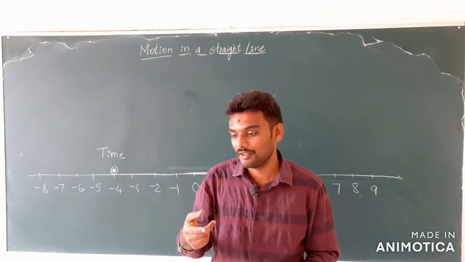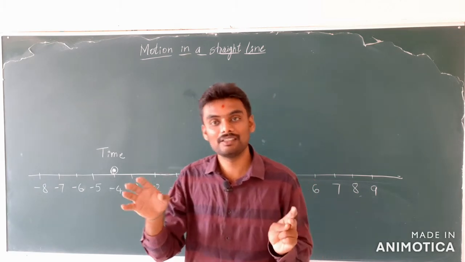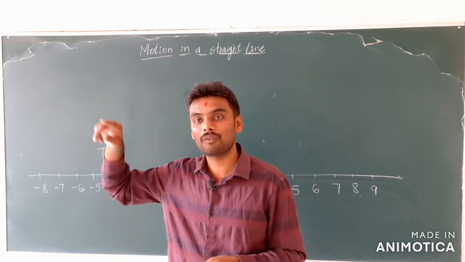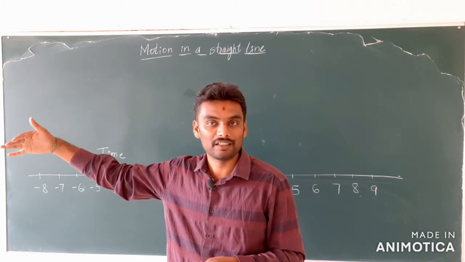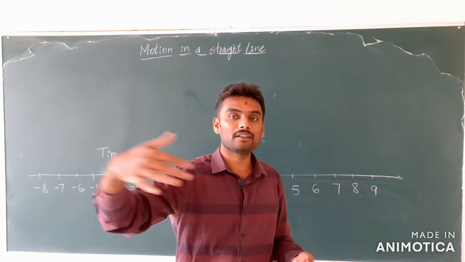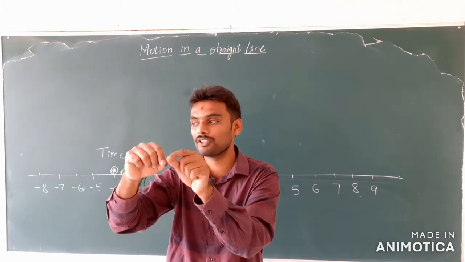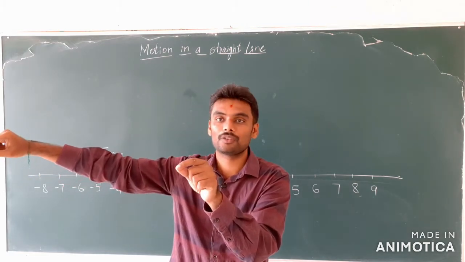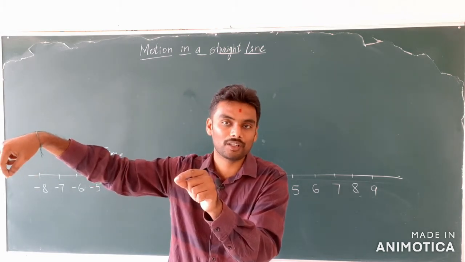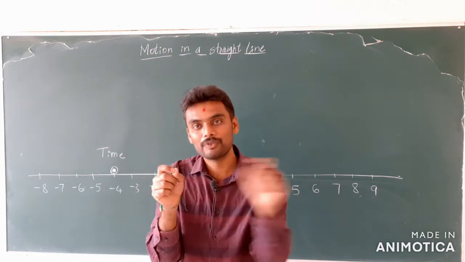But if I say initially the car was moving, then that is wrong, because initially the car was in rest in the home, and it just began its motion from the home and came to this position. But we started observing the car from this position. Before this position, we did not know what was the status of the car, how it was going, what happened with it. We are not bothered about it. So the motion is always considered from when we start to observe the motion.